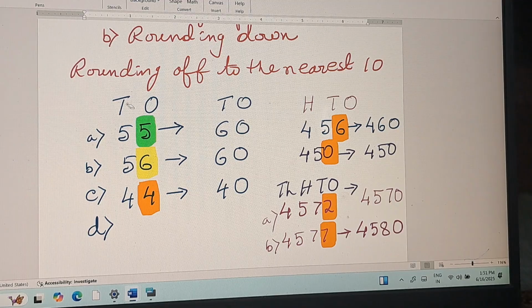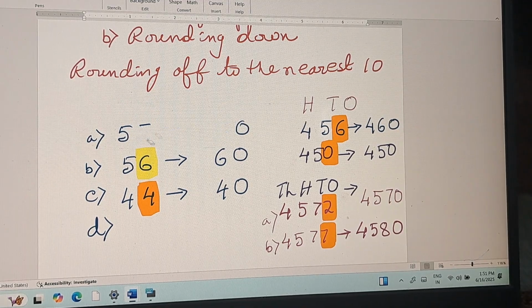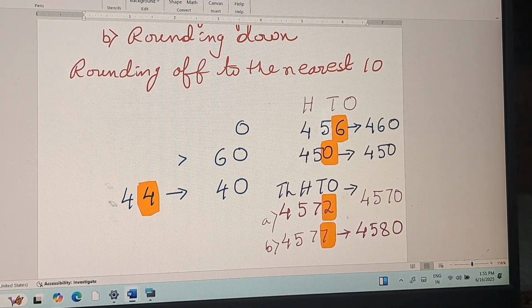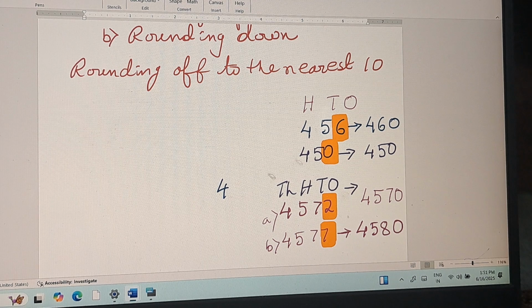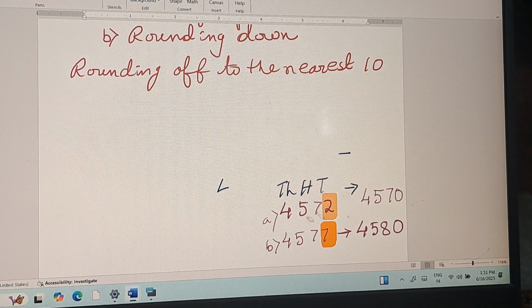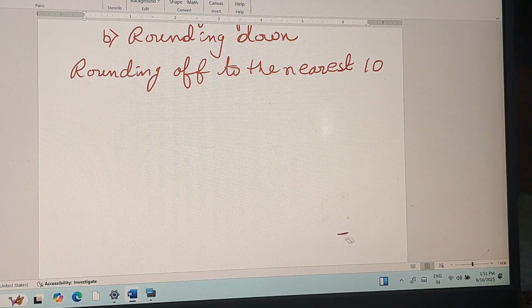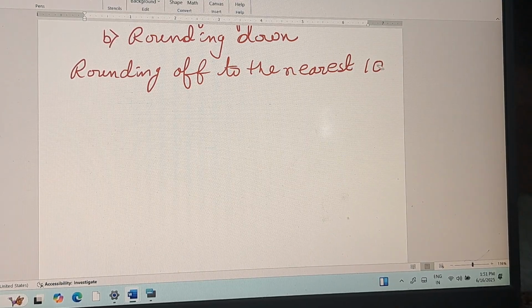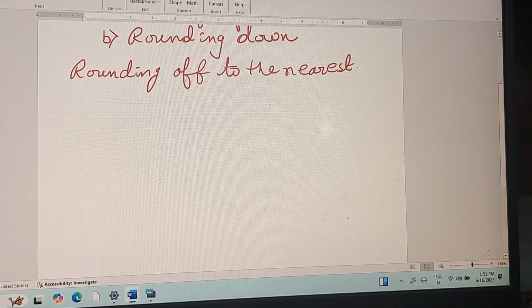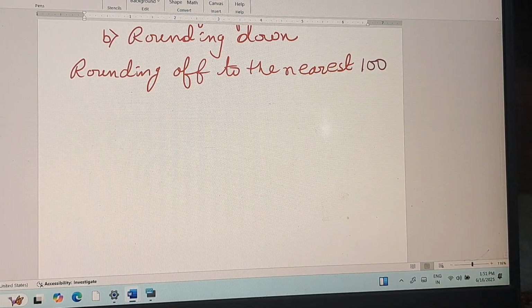Now let us move to the concept of rounding off to the nearest 100. So in nearest 100, students, we have to check which place? We have to check the tens place now. So let me change over here, rounding off to nearest 100.